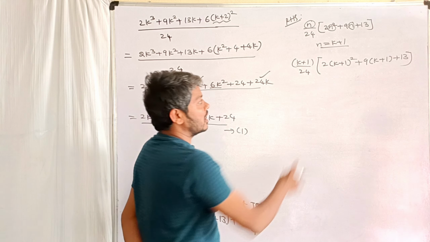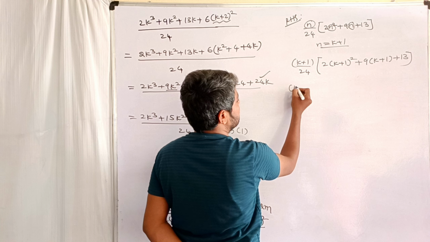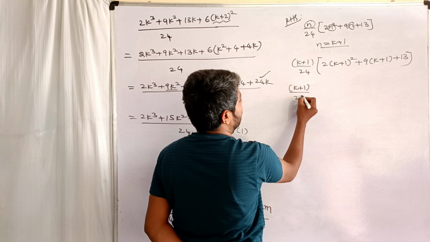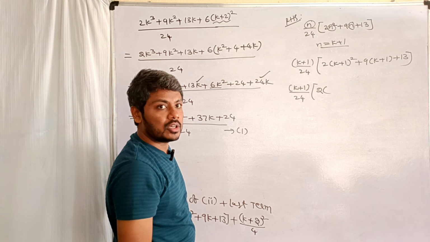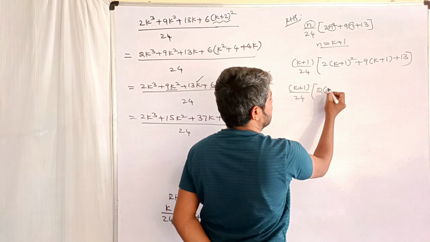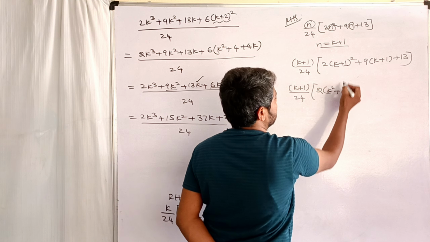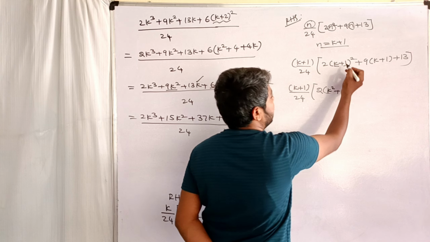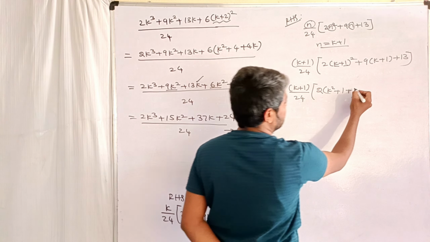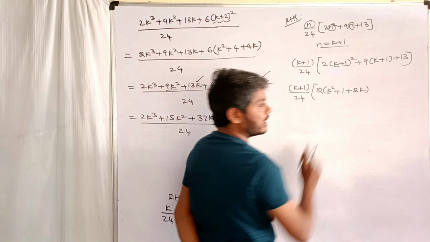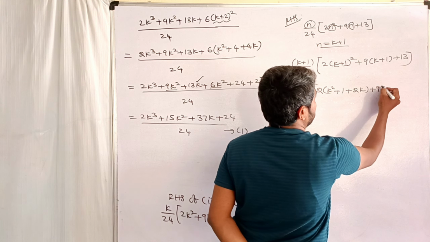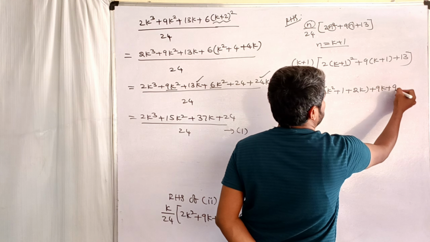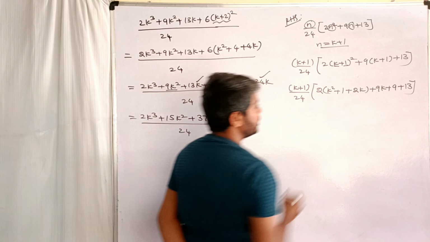So simplifying the bracket value, 2 into (a plus b) whole square formula, a square that is k square, plus b square that is 1, plus 2 into k into 1 that is 2k, multiplying 9 inside of the bracket, 9 into k, 9k, plus 9 into 1, 9, plus 13.